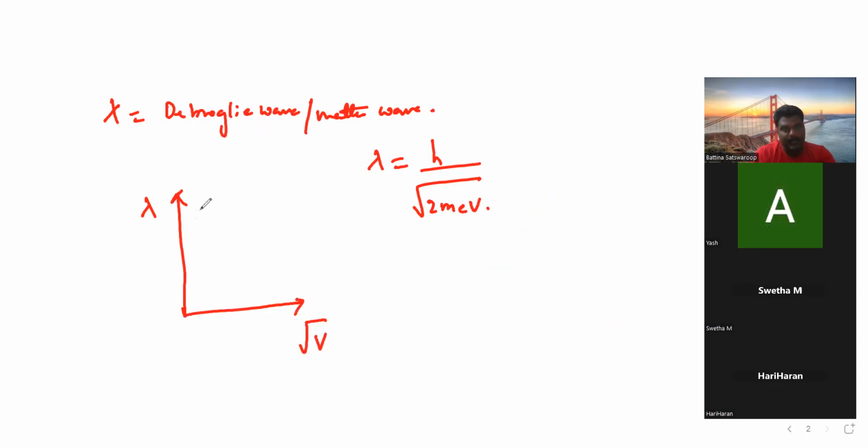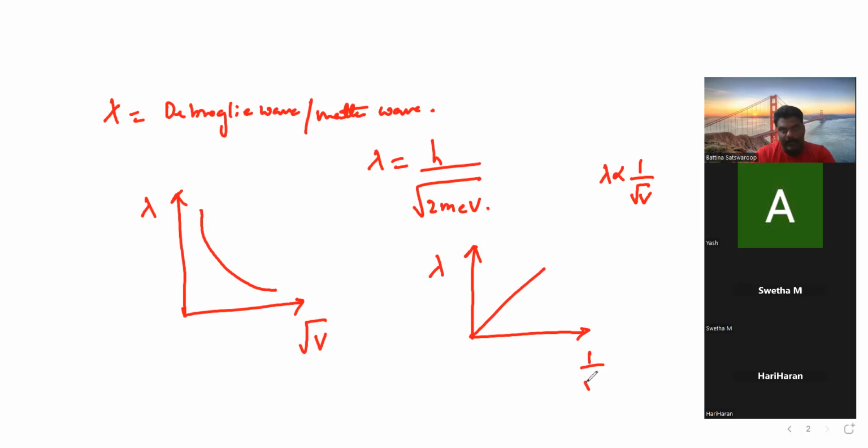Inversely proportional, the graph will be like this. Suppose I am plotting for 1 by root V, lambda is proportional to 1 by root V. Understood? Yes, sir. Similarly lambda equals h by p, so if I have to draw for lambda and p, this would be the graph.